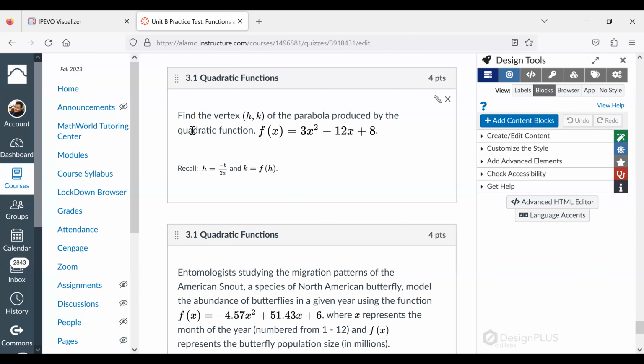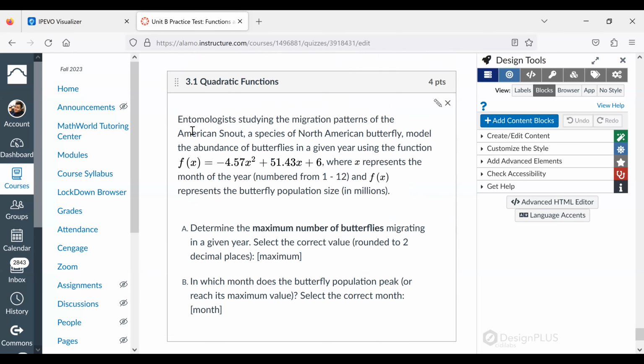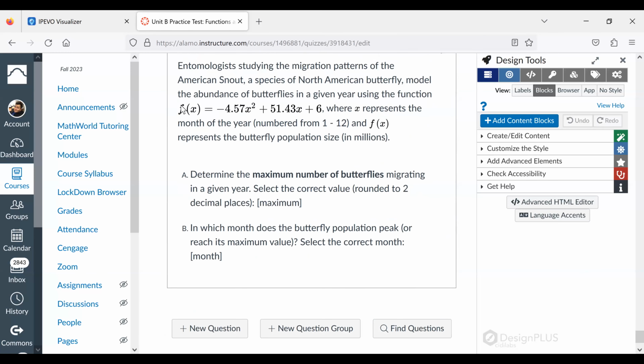All right. 25 is a word problem. This is entomologists studying the migration patterns of the American snout, a species of North American butterfly. Model the abundance of butterflies in a given year using this function, where x represents the month of the year.